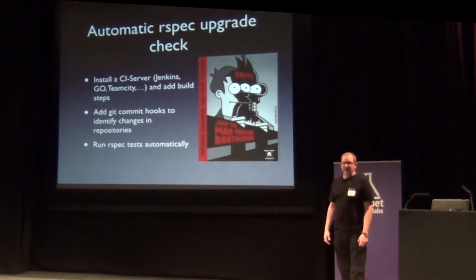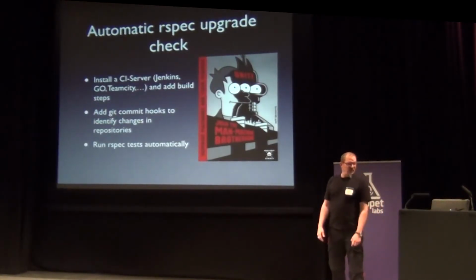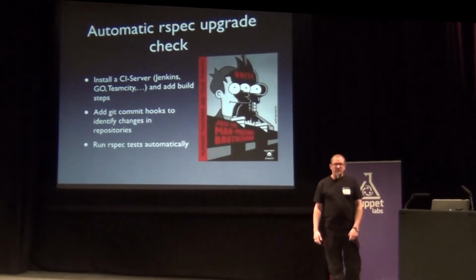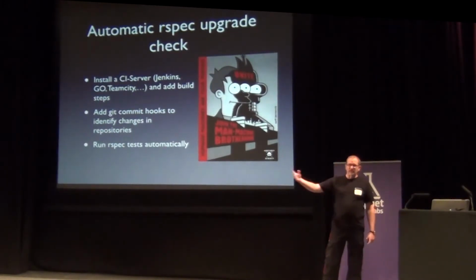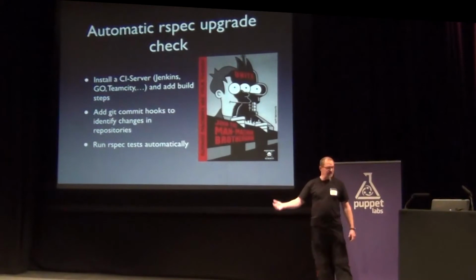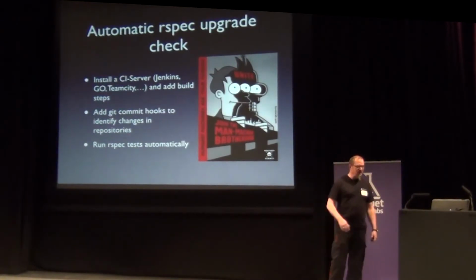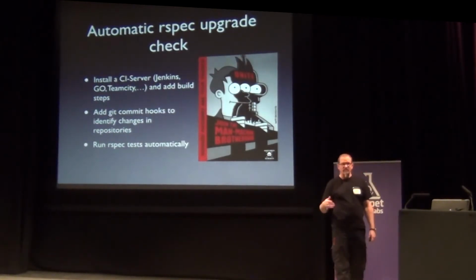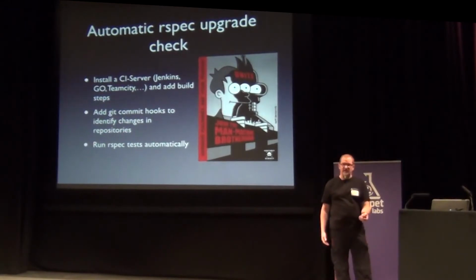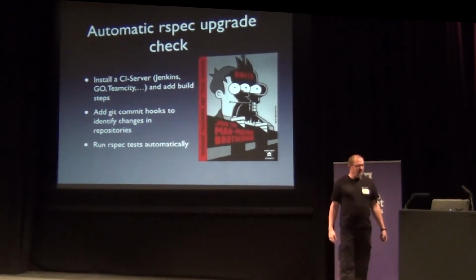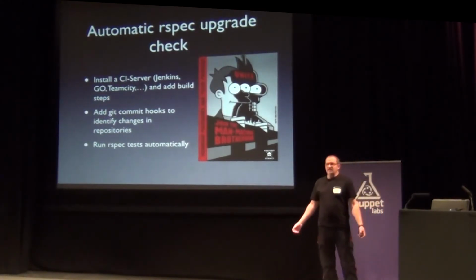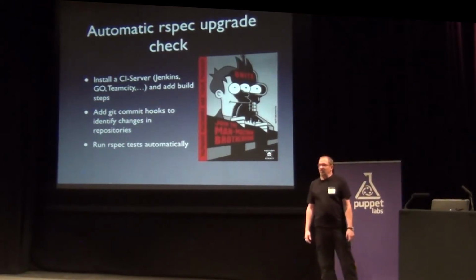There are also extensions for Jenkins, Go, and TeamCity, where you pull the repository, run tests on it, and add git commit hooks to first do the Puppet parser validate. And then let another system run the rspec tests fully automatically.